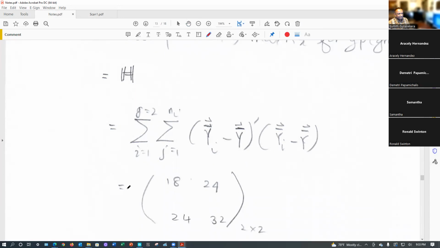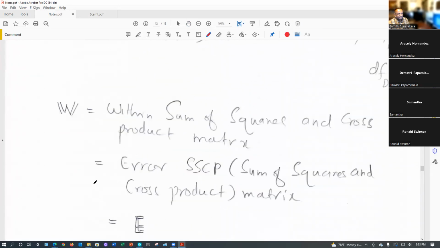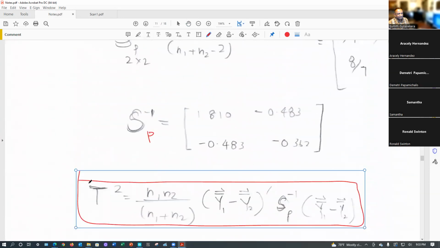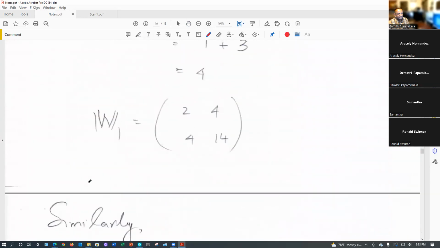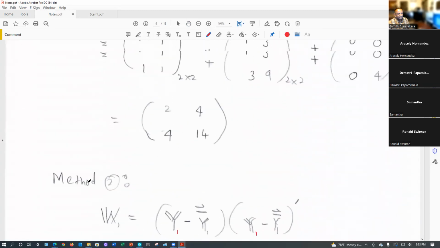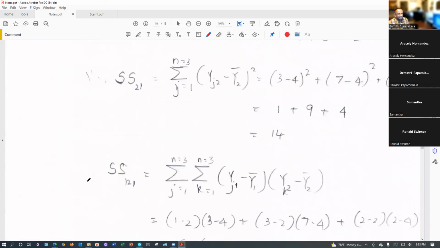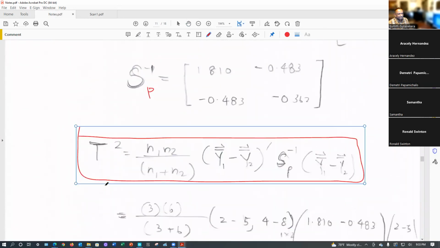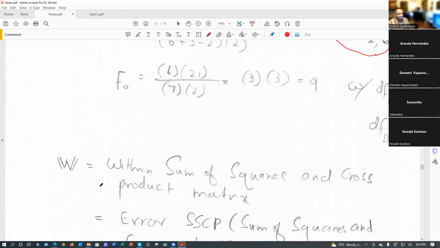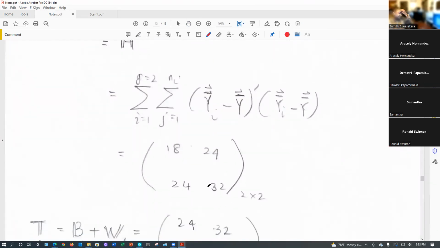See? 18, 24, 24, 32. You can build up that part. Between one, you can build up. You can do it by hand, but you don't have to. On the printout, we see everything clearly.